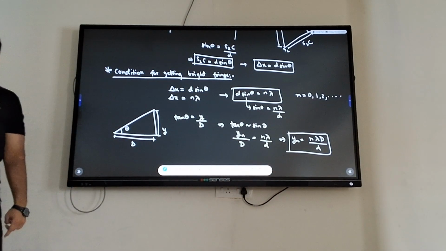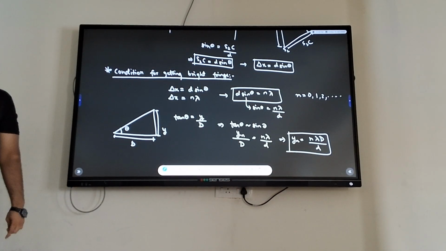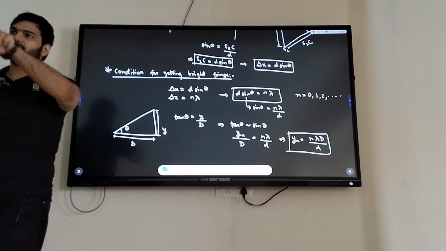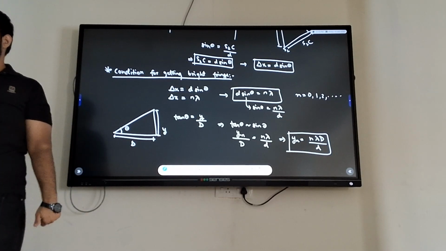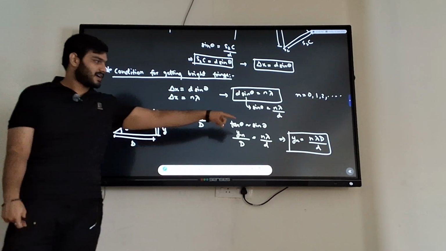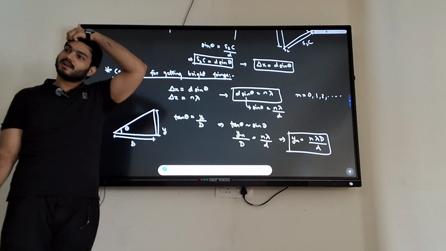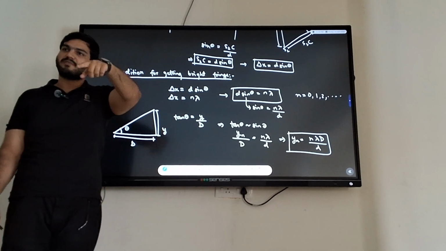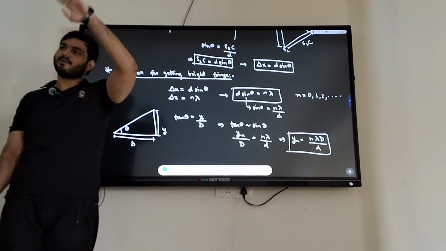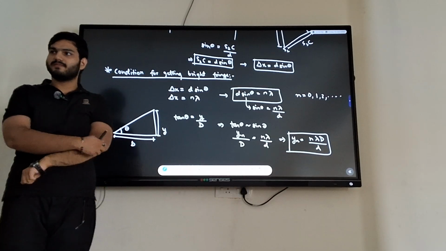What does that y sub n describe? At what position will you find the bright fringe? Right? That y1, y0, y2, what will those describe? First position, first bright fringe, second bright fringe, third bright fringe, and all those things. Yes or no?